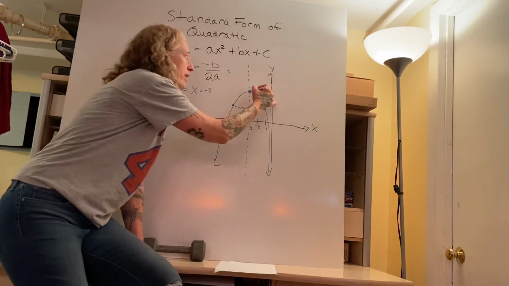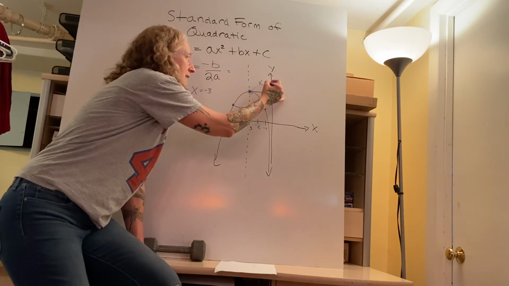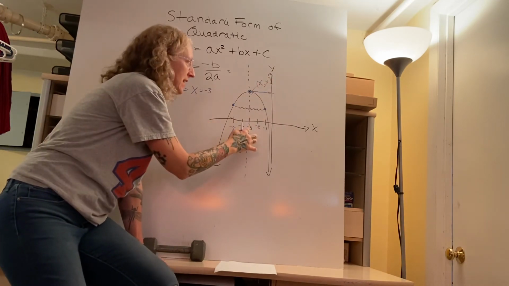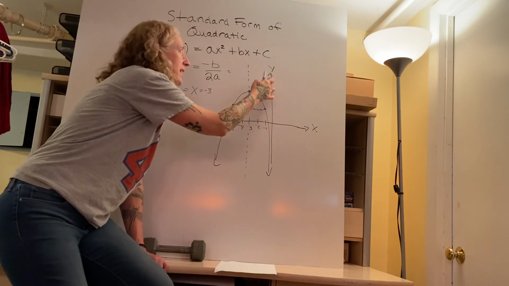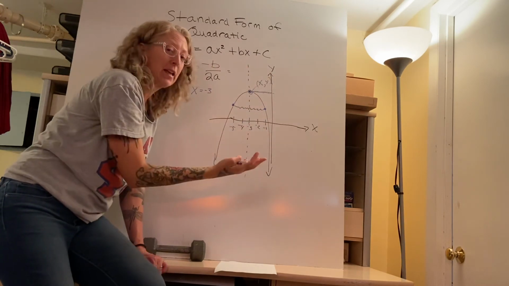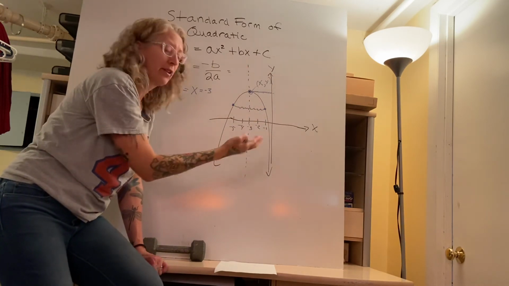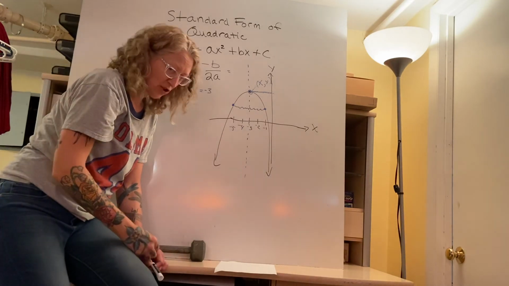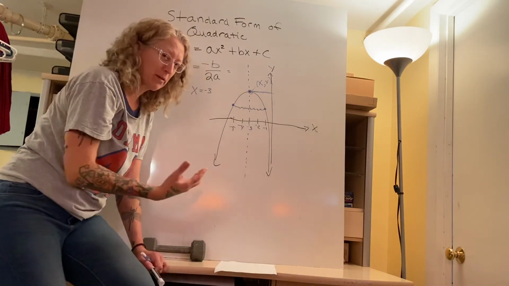So we'll have the coordinate of our vertex, x, y. The x is going to be -3. The y is going to be whatever the function ends up being when you put in -3 for x. So that's just the intro, and then I'll do another one with a specific example.